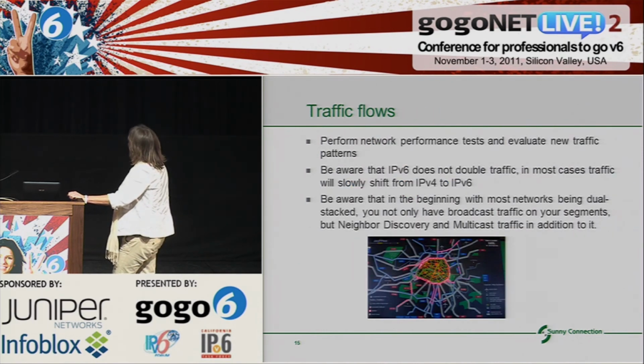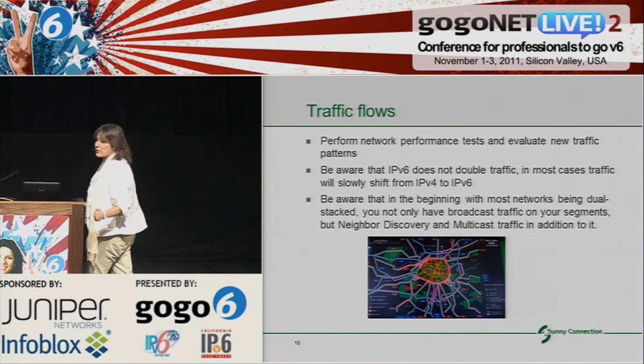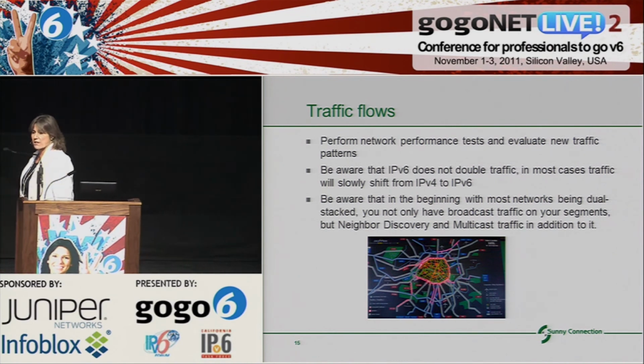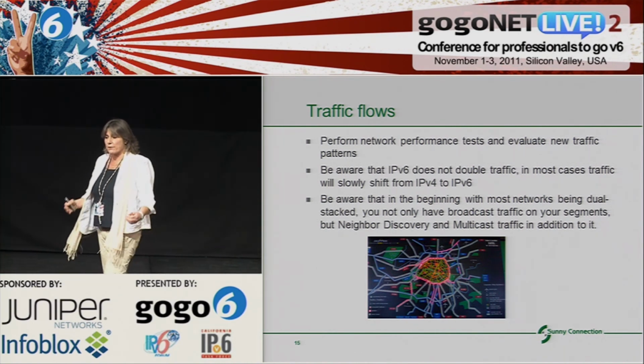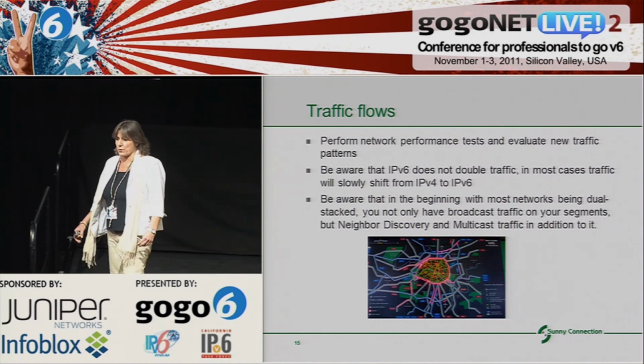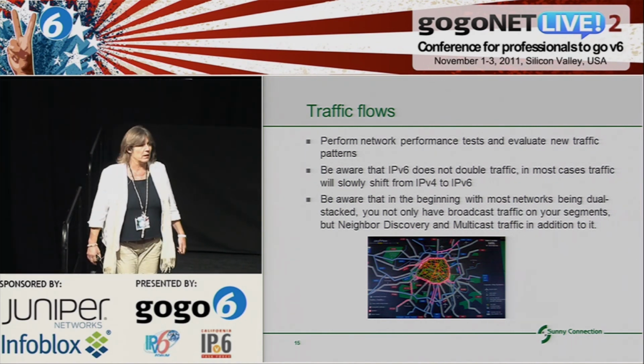Traffic flows. Here's a nice traffic map. You will also have to look at your network and understand, according to your design plan and implementation plan, how that will change traffic patterns in your network, and if your network can do it.